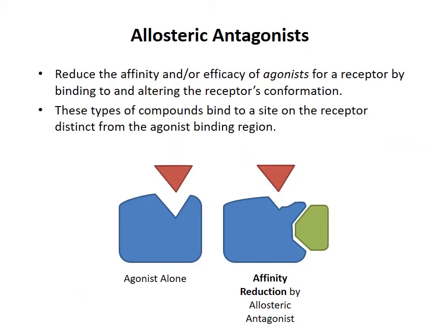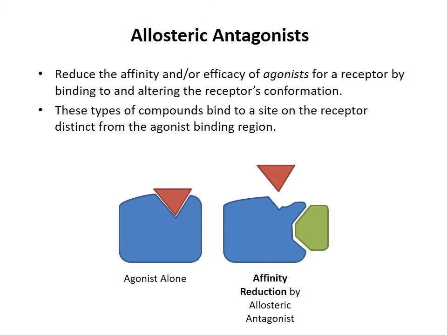Finally, allosteric antagonists. They're just like the allosteric agonists, but they do the opposite. They still bind to a site on the receptor that's different from the normal agonist binding site, but they would decrease the affinity or efficacy rather than increase it. Okay, so the agonist alone might look like that.